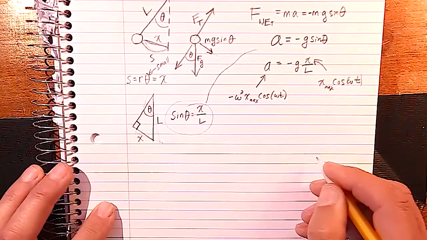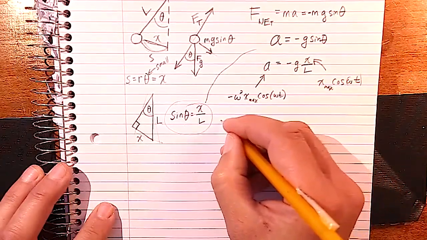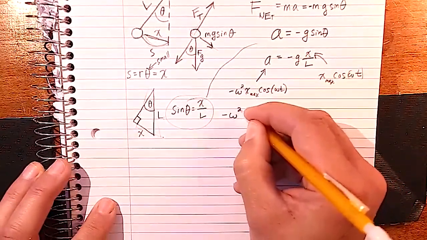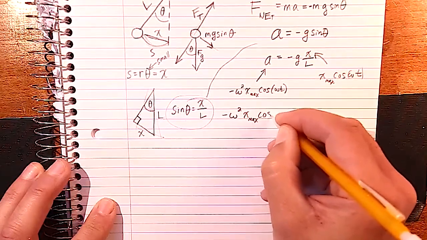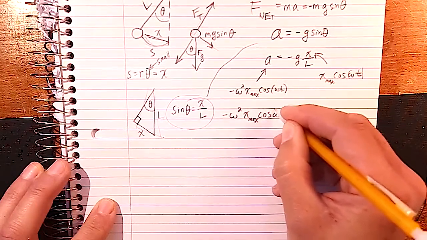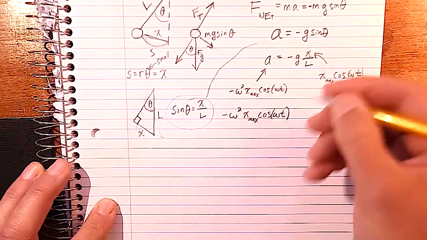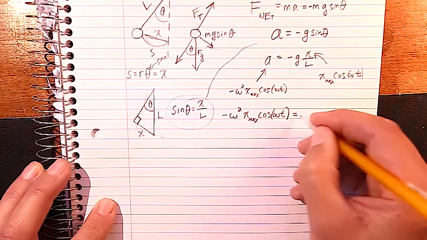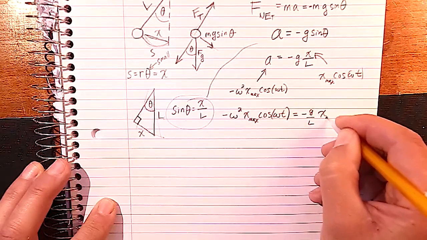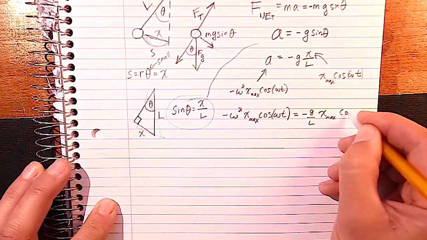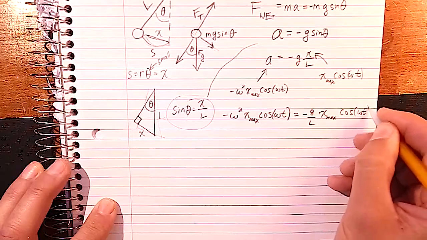So if we sub those in, we end up with negative omega squared x max cosine omega t, and we're saying phi is 0, equals minus g over L x max cosine omega t.